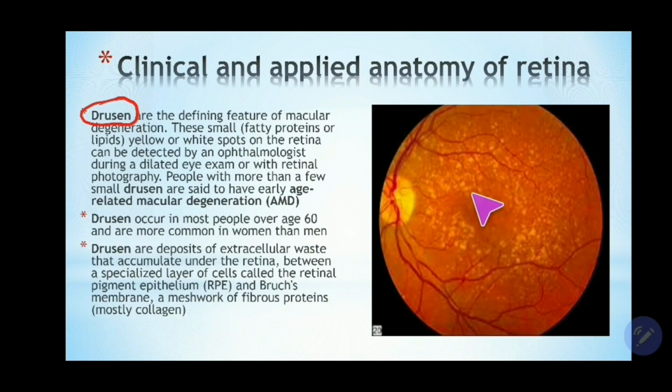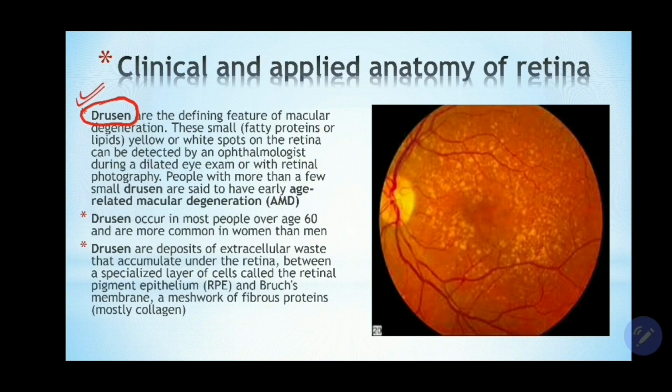So this will be the fundus of the left eye. Now can you appreciate that small yellowish spots can be seen on the central retina. These small yellowish dots which you are seeing are called drusen.